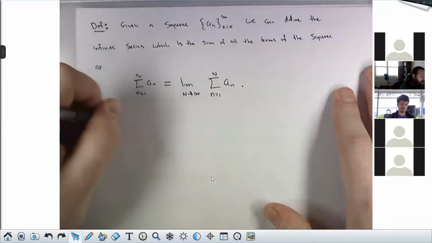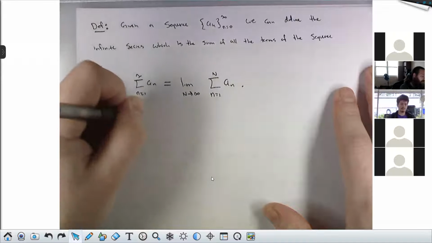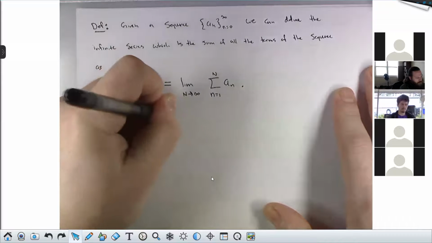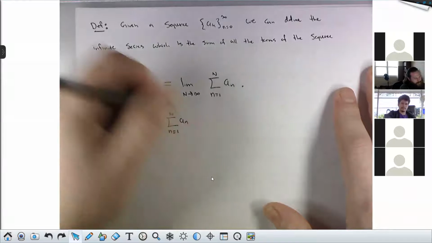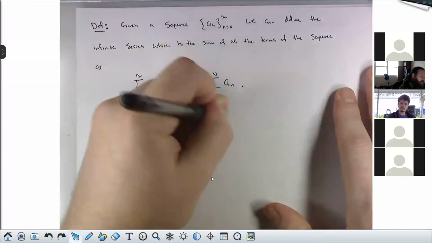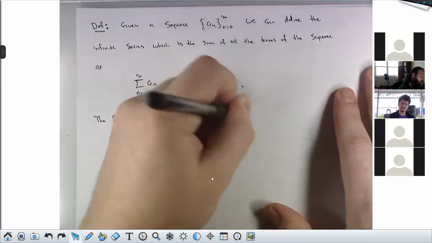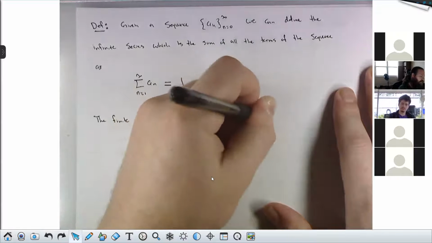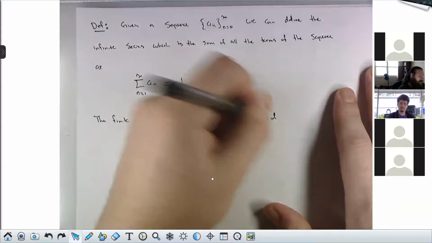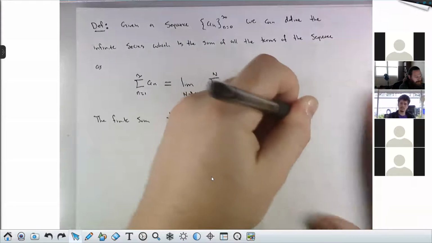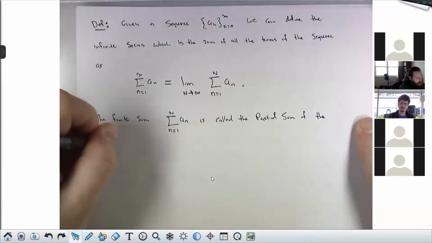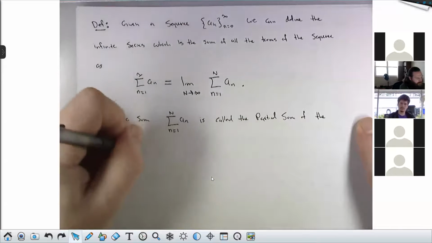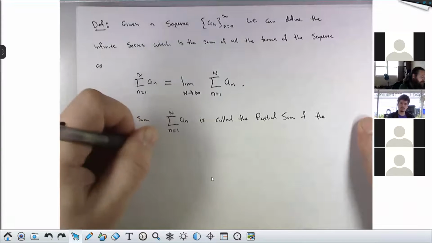The finite sum, sigma little n from 1 to capital N of a n, is called the partial sum of the series sigma n equals 1 to infinity of a n.